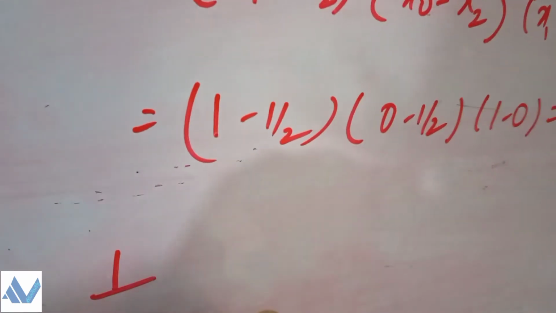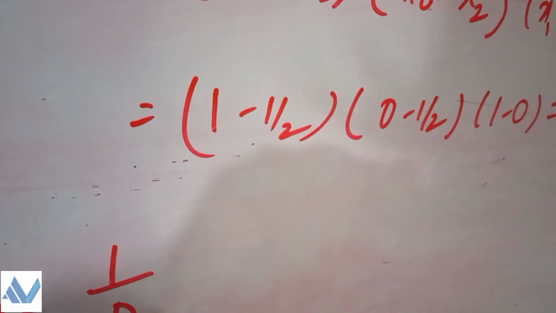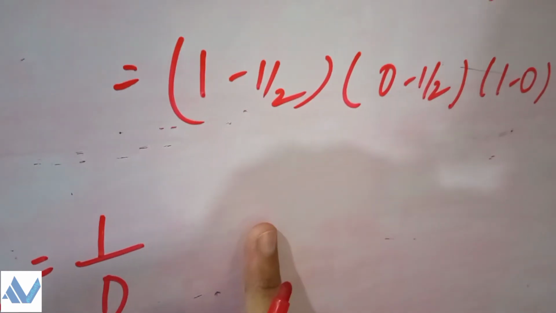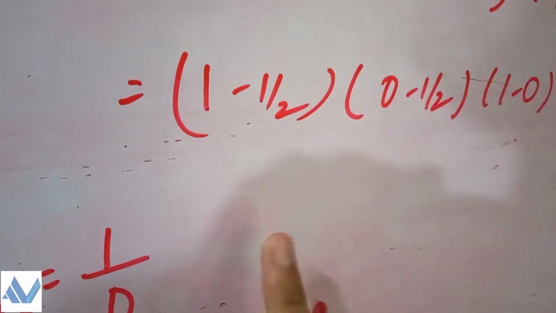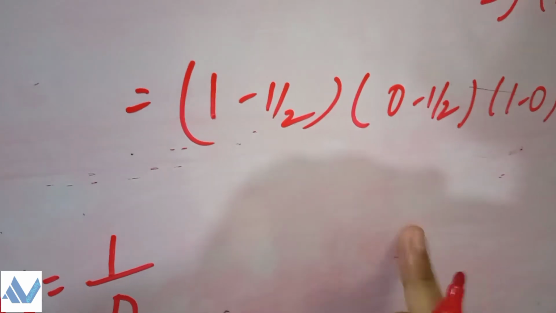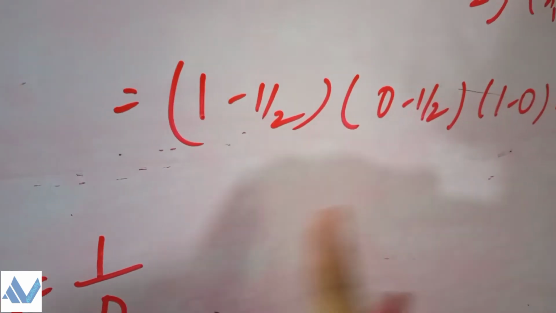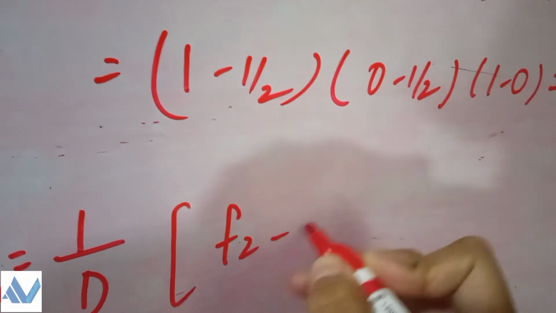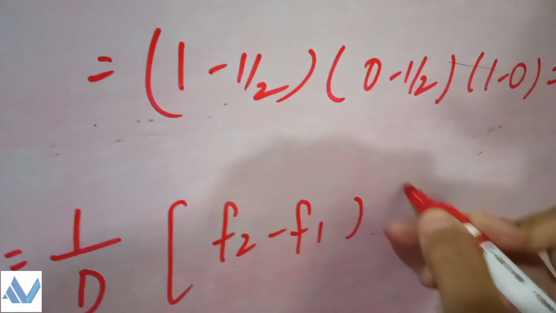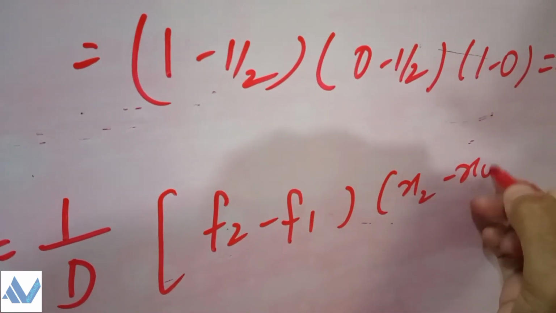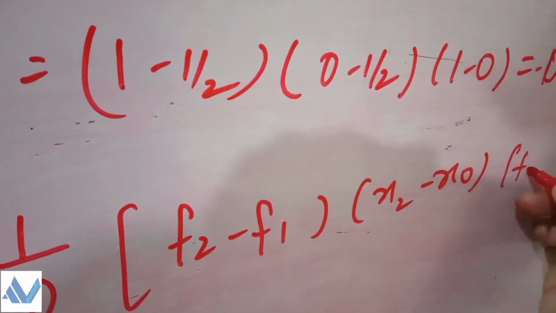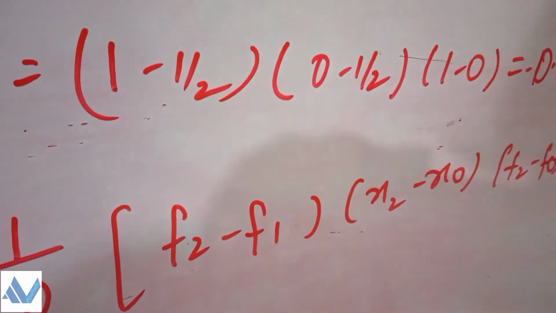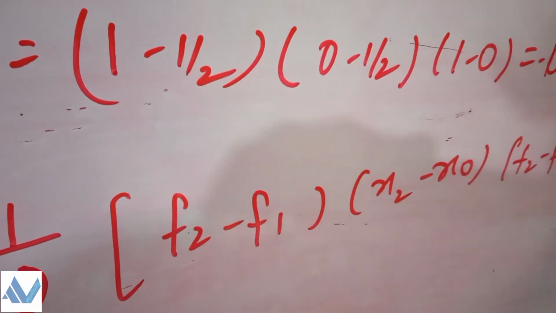Now we have to find a0, first iteration, 1 by d. I showed you the formula. According to that, we get f2 minus f1 over x2 minus x0, minus f2 minus f0 over x2 minus x1.